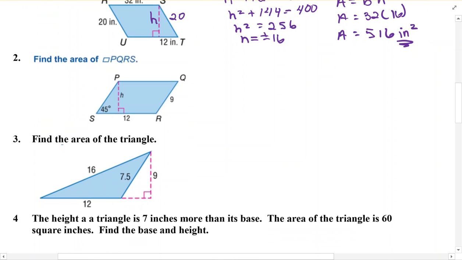So calculating the height for problem number 2, we have a 45, 45, 90 triangle. We know this side here is 9, and that means that a rad 2 equals 9.